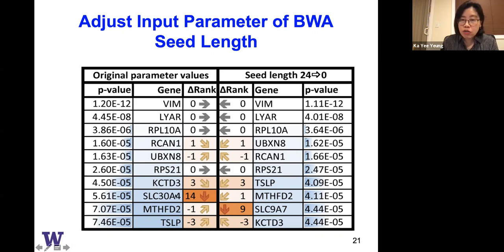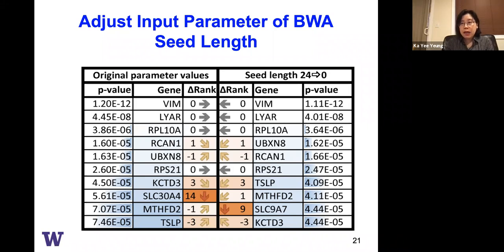A more dramatic example is SLC30A4. This one is on the top 10 list, but if we change the seed length to 0, it reduces its ranking by 14 positions and will not be on the top 10 list at all. Conversely, SLC9A7 is on the top 10 list when the seed length is 0, but it's not on the list when the seed length is 24.